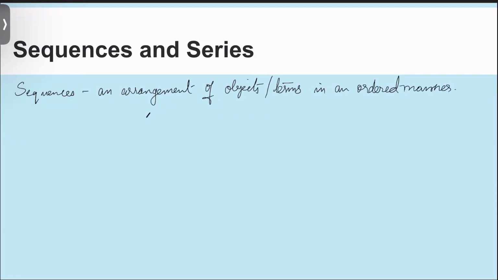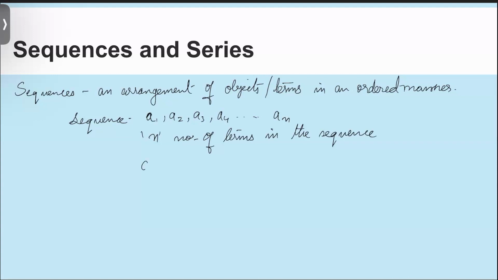Suppose you give the sequence in terms of A1, A2, A3, A4, all the way up to AN. So there are n number of terms. Suppose this is a sequence, with n number of terms.